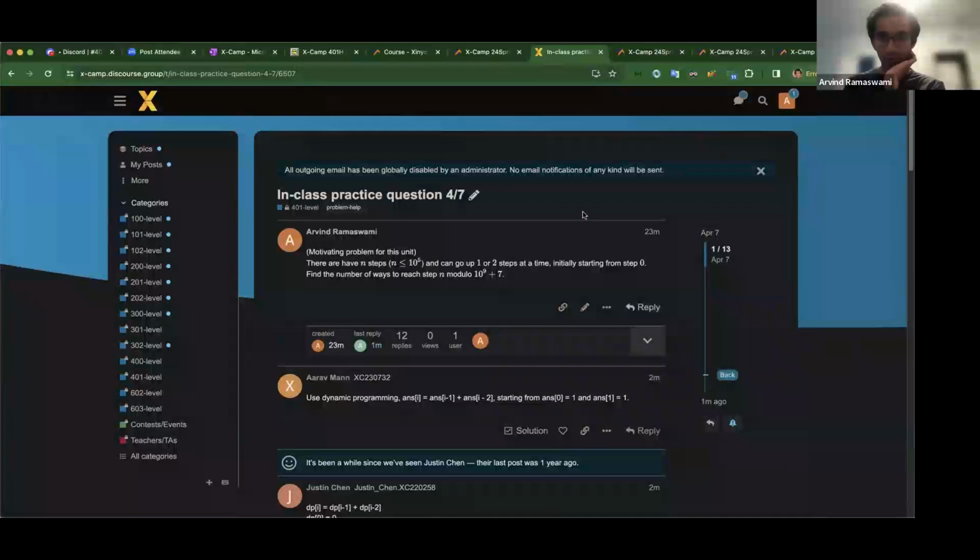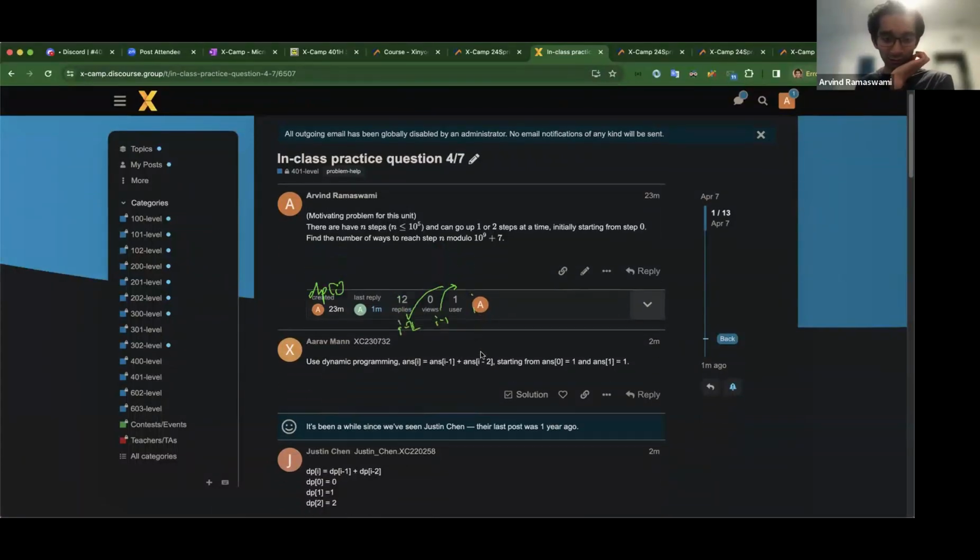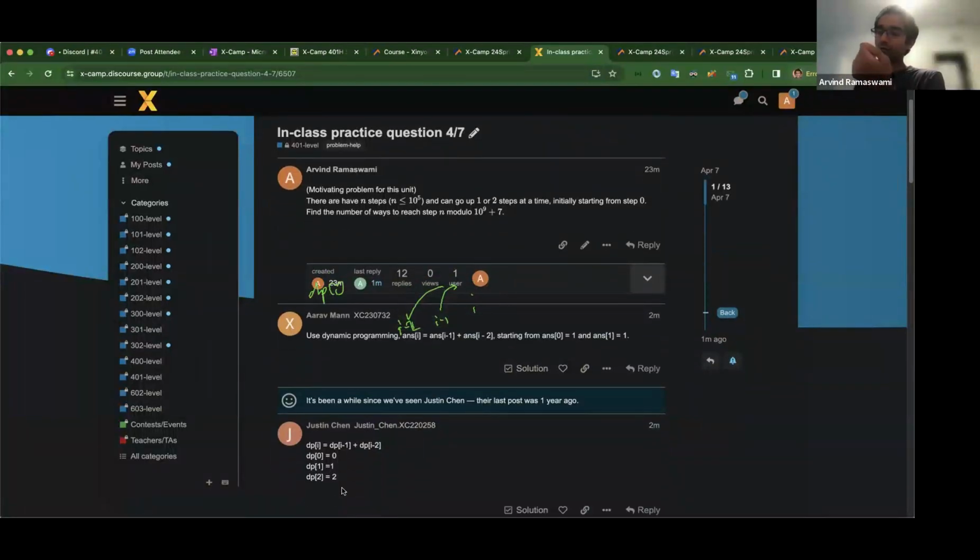Many people had similar ideas. So this is a standard dynamic programming problem, where you can let dp[i] be the number of ways to reach stair i, and to reach stair i, you can either reach it from i minus one or i minus two. So you get this kind of recurrence, which is dp[i] equals dp[i minus one] plus dp[i minus two]. You can also define your base cases. Good.